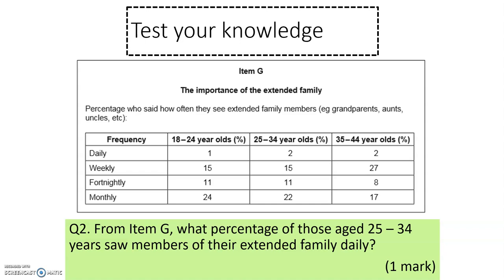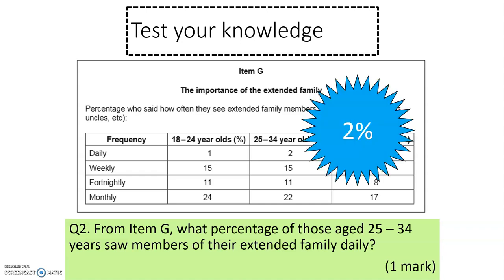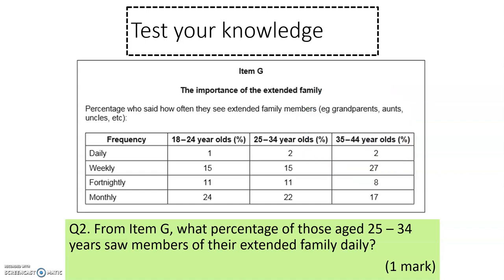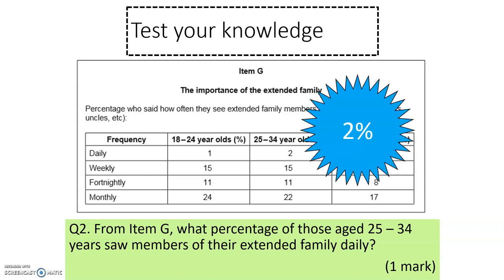Again, should be a nice, easy question. I'll give you a second to think about it. The answer is 2%. Oh, wait. No, ignore me. I don't know. No, it is 2%. Ignore me. I'm clearly sleep deprived.